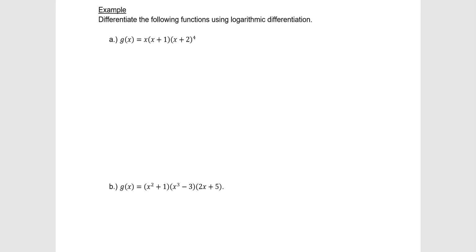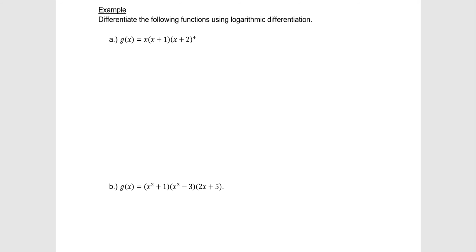So first example, we want to take the derivative of x times x plus 1 times x plus 2 to the 4th. If we were trying to do this using the product rule, we need to look at it as if there's only 2 factors at first. There's 3 different factors here, so the product rule would be super messy. Technically, it's possible to do this, but it would be super messy. So let's go ahead and use logarithmic differentiation.